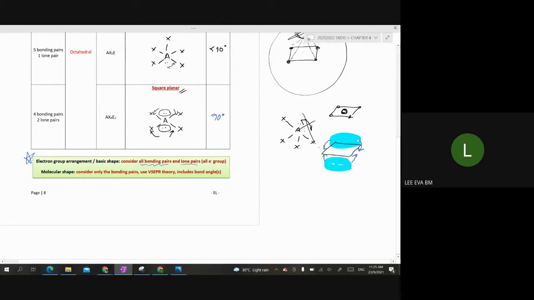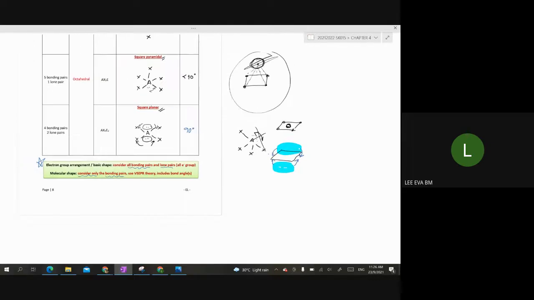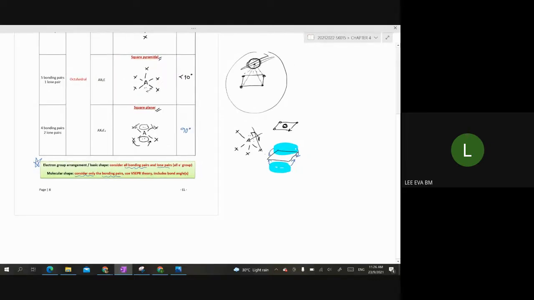Okay, whereas when you want to look at molecular shape, you only consider your bonding pair, using VSEPR theory and also include bond angle. So using VSEPR theory is like square planar just now, where you want to locate a lone pair. Remember, as far as possible. Okay, so this is the summary for our molecular shape in general.